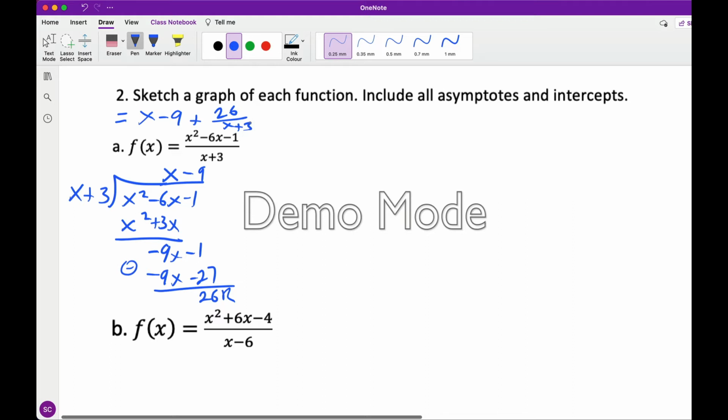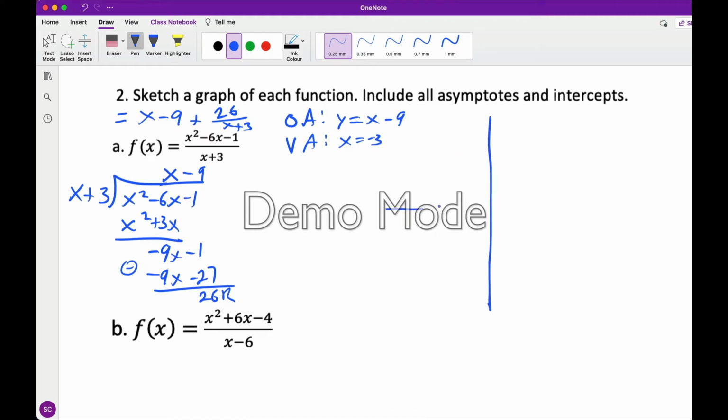This is going to approach 0 as x goes to infinity, so the oblique asymptote is the line y equals x minus 9. The vertical asymptote is going to be x equals negative 3, and then you can get the x-intercept and the y-intercept the regular way.